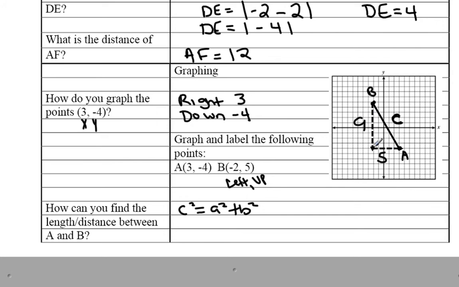Let's just double check that. 1, 2, 3, 4, 5. 1, 2, 3, 4, 5, 6, 7, 8, 9. And then a squared and b squared are the 5 and the 9, so c squared equals 5 squared plus 9 squared.